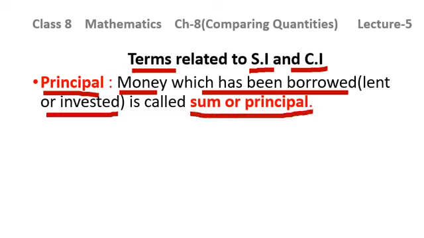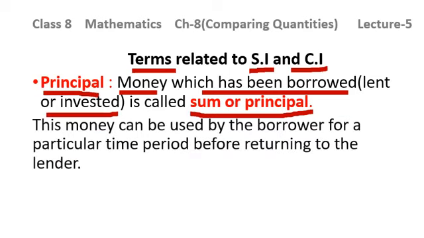The money you borrow from someone is your sum or principal. This money can be used by the borrower for a particular time period before returning to the lender. Obviously, when you borrow some money from someone, it is to be given back after a particular time period.